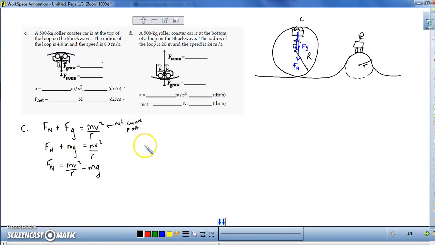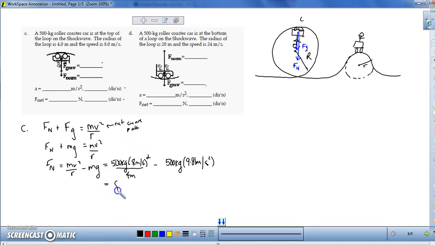Oh, sorry. So, why don't I do that and find this value? So this is the 500. This is the velocity, which is 8 squared. And this is the 4 meters, that's the radius, minus 500 times 9.81. Like that. Now, I purposely didn't take out the mass because I actually wanted both of these values.